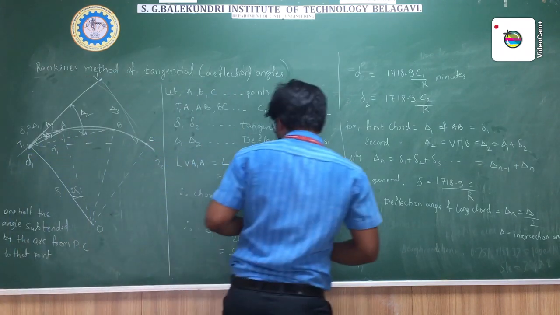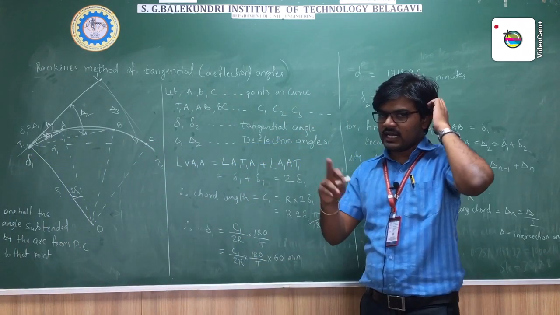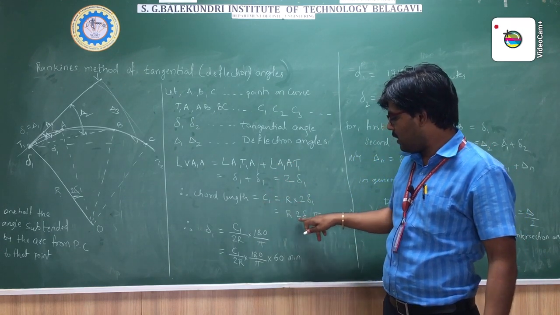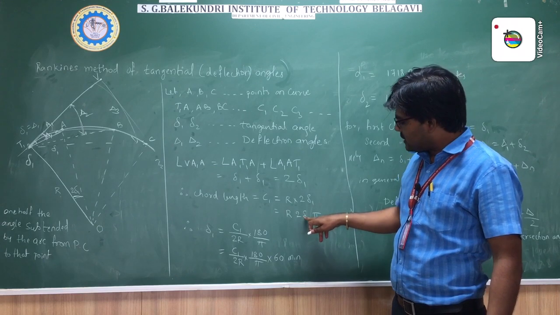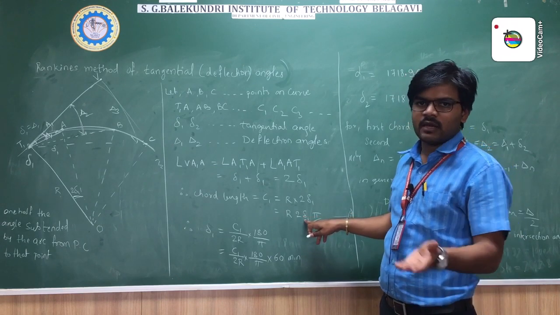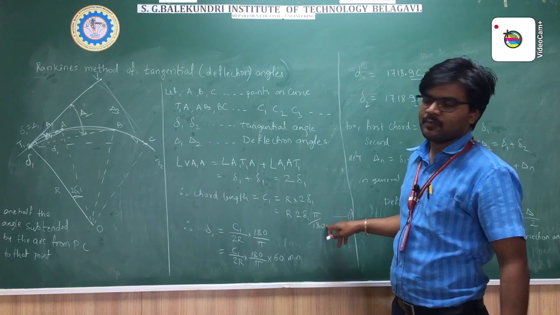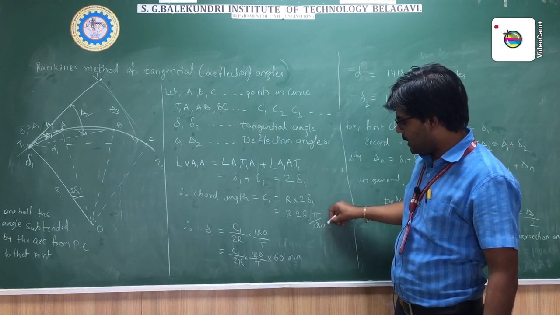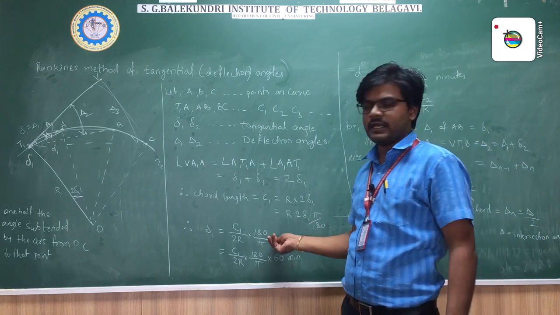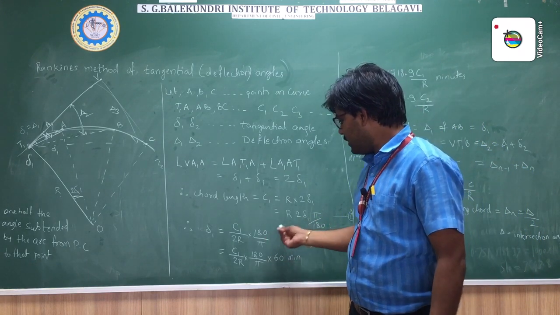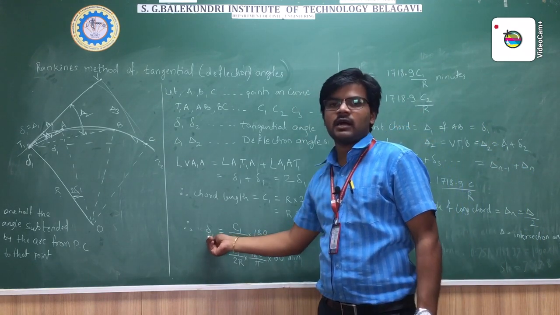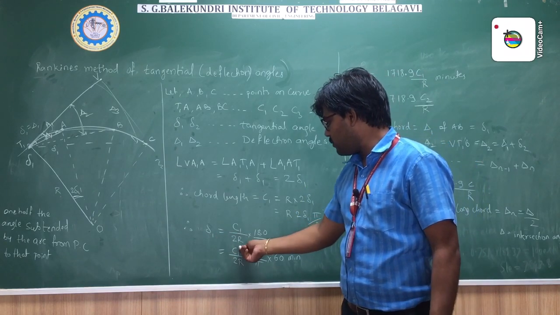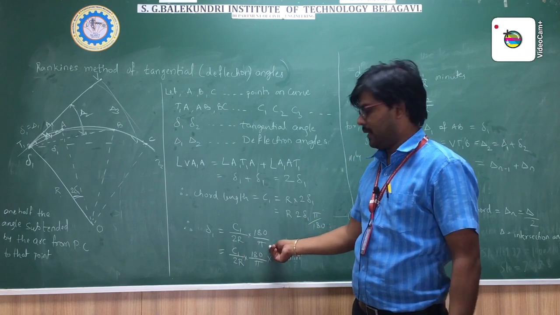Since arc is equal to chord in Rankine's method, C1 is equal to R into 2 delta 1. This delta 1 is in radians, which can be converted to degrees by multiplying by pi by 180. Taking out delta 1, delta 1 is equal to C1 divided by 2R into 180 by pi.